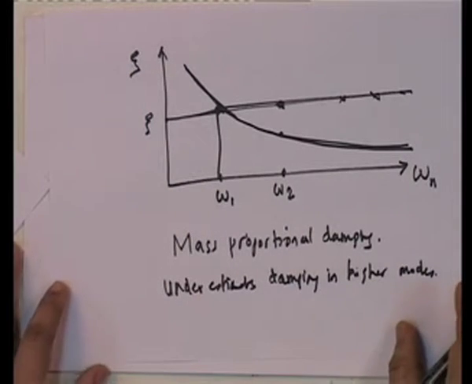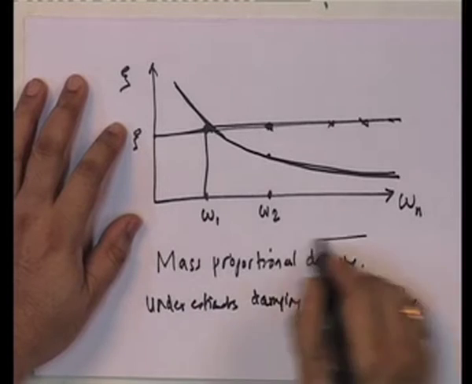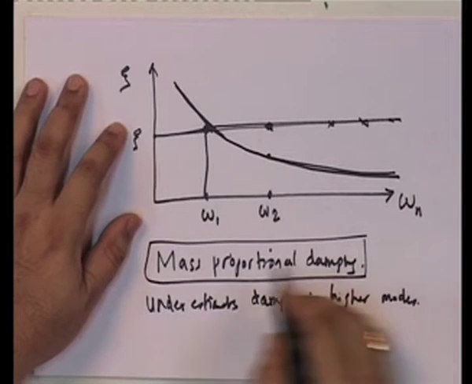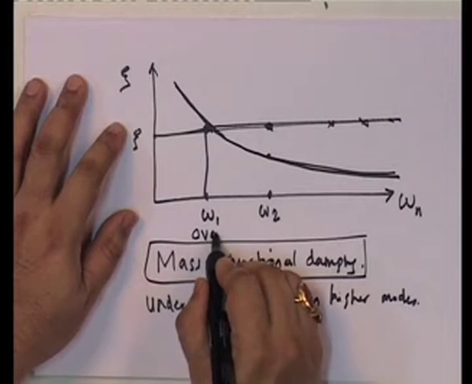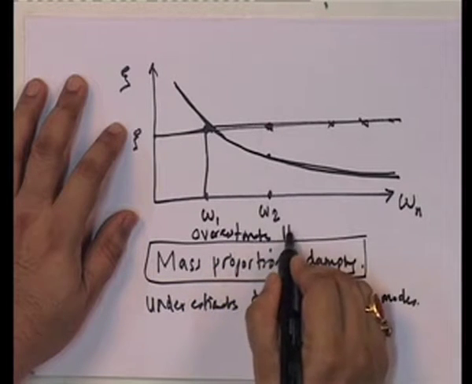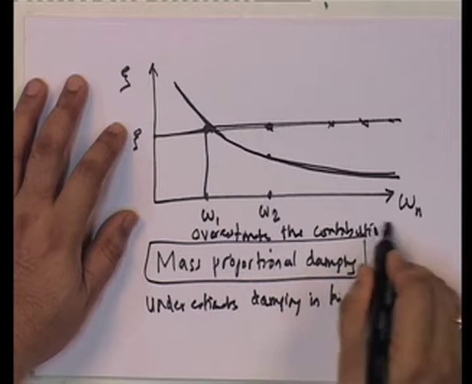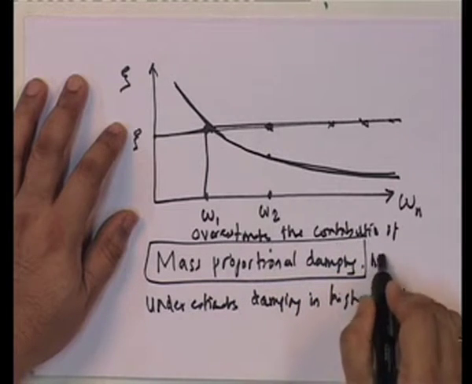And once it underestimates damping in higher modes, what happens? If I take mass proportional damping, it overestimates the contribution of higher modes to response.